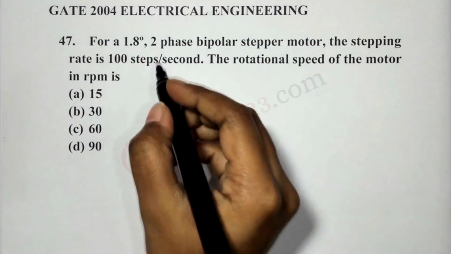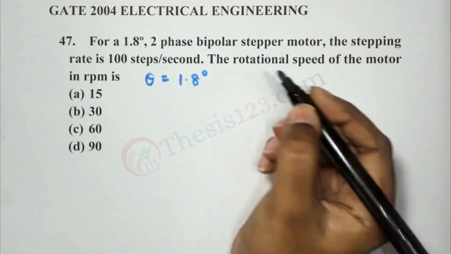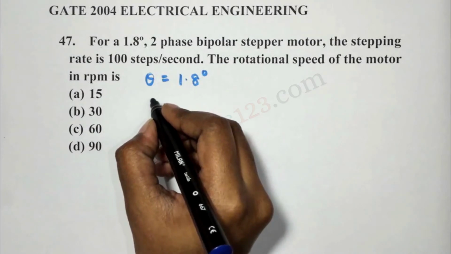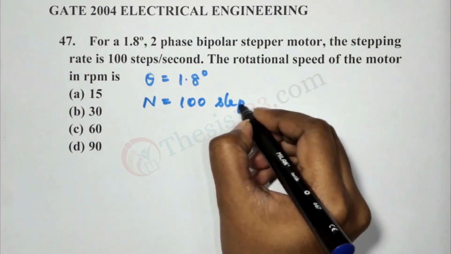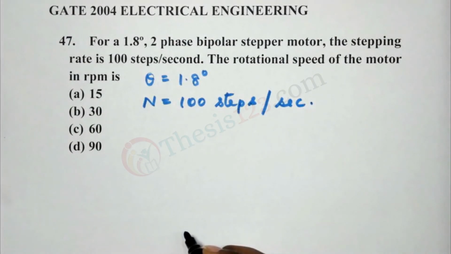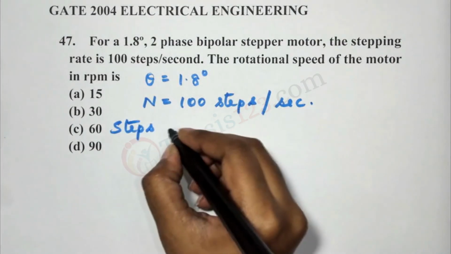We have our angle theta given as 1.8 degrees. We have also been given that the rate is 100 steps per second. Now let's find out the steps required for one revolution.